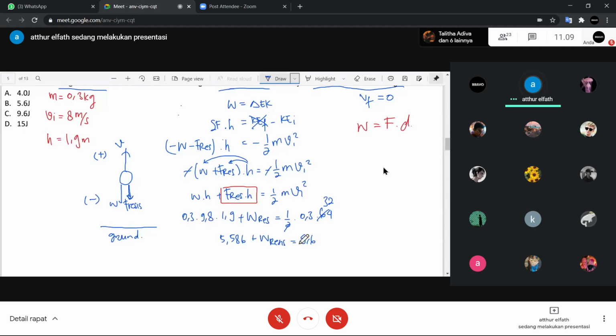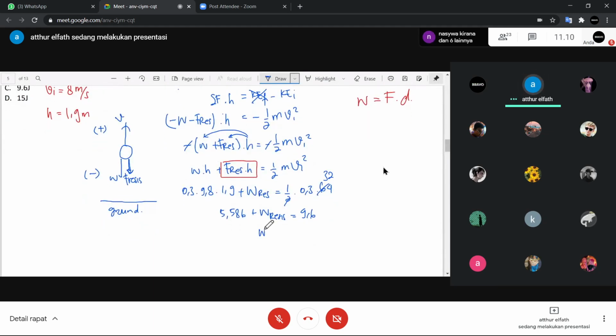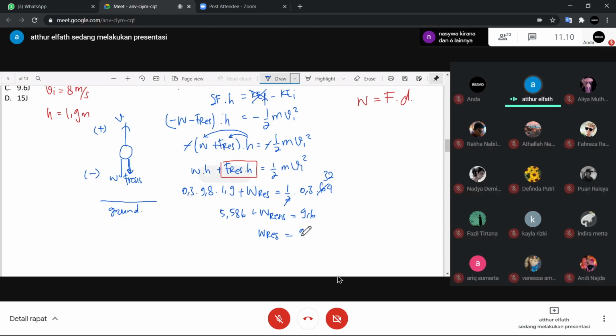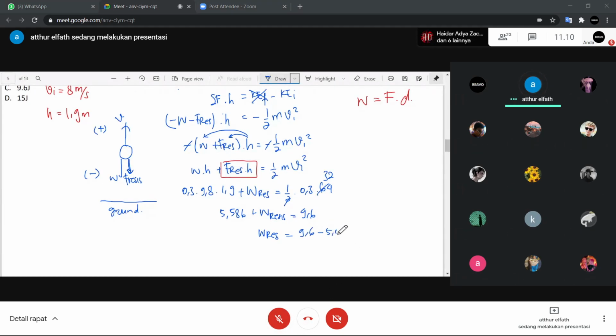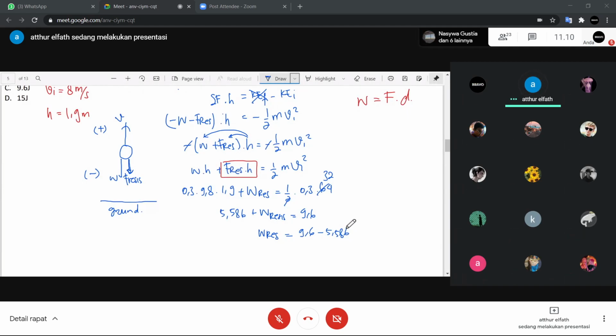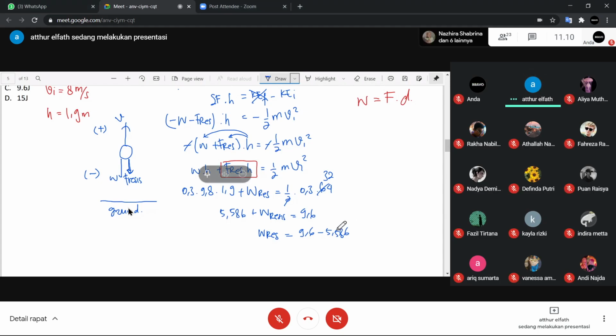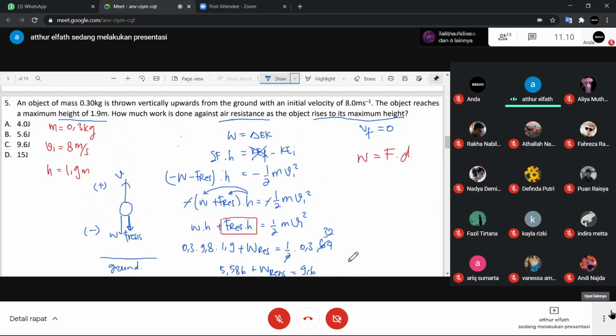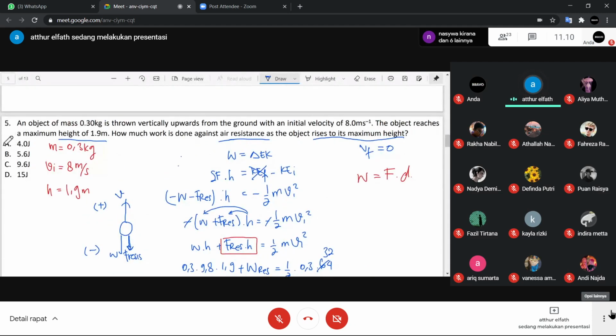So this means the work of resistance equals 9.6 minus 5.586, and then you will obtain 4 point something. Let's see the options. The option is A.